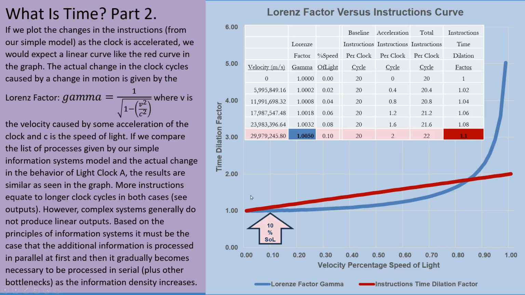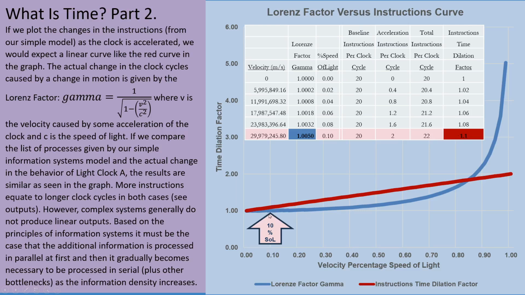But at the beginning of the curve, there's hardly any change at all. 10% of the speed of light, 20%, 30%, it only changes a tiny bit. It predicts a change of 1/2 of 1% at 10% of the speed of light, whereas the information systems model predicts about a 10% change at 10% of the speed of light.